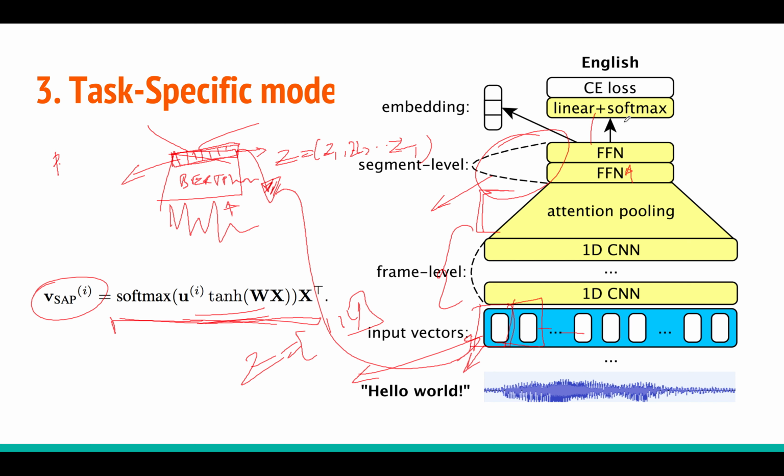Then you can simply use a linear softmax layer with cross entropy loss to predict the language, or in the case of speaker, predict the speaker. You can also extract these embeddings to compute PLDA scores, or compute EER and so on. This is the idea of the task specific model.